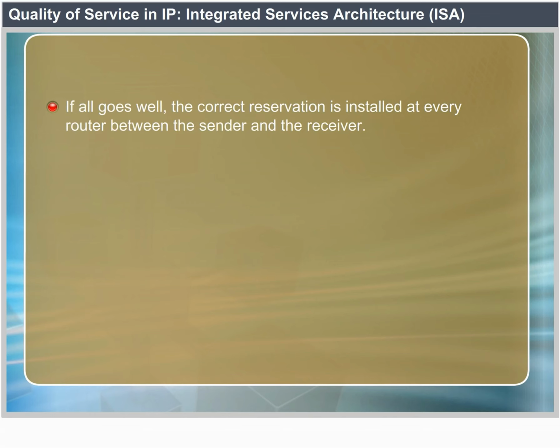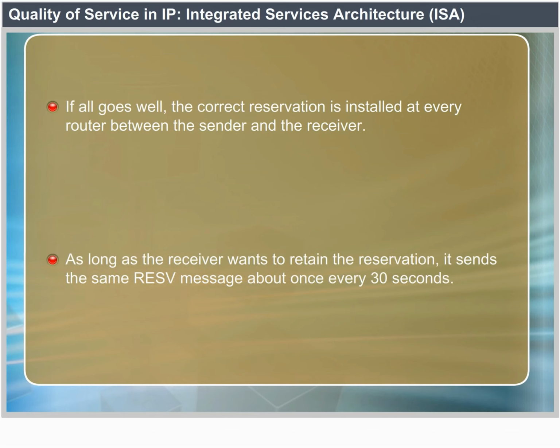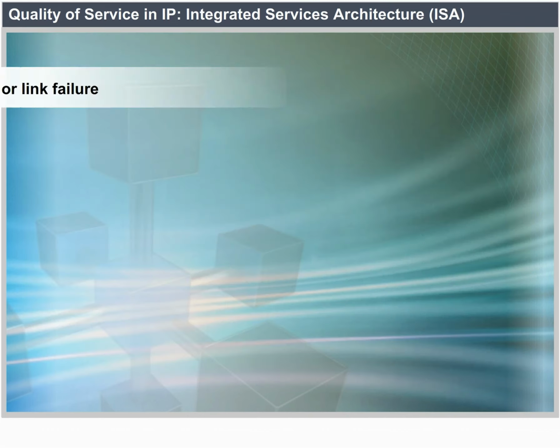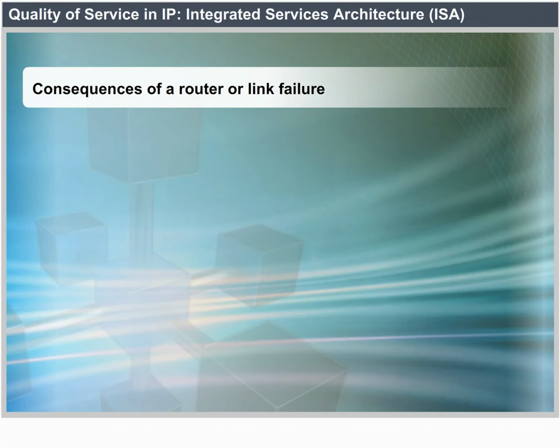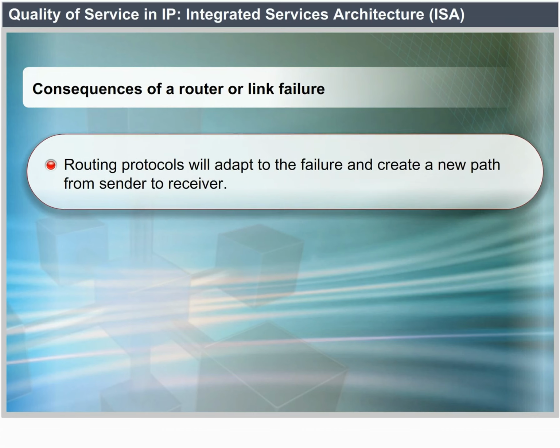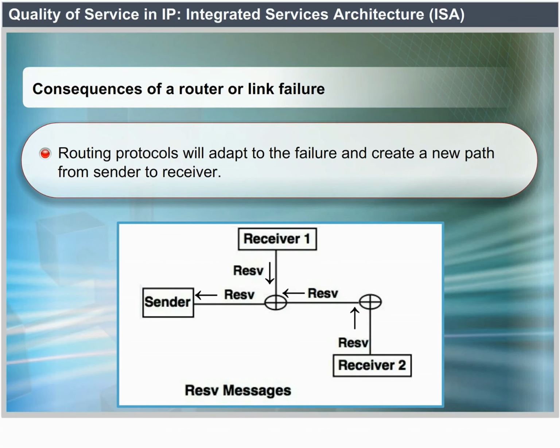As long as the receiver wants to retain the reservation, it sends the same RESV message about once every 30 seconds. What happens when a router or link fails? Routing protocols will adapt to the failure and create a new path from sender to receiver.